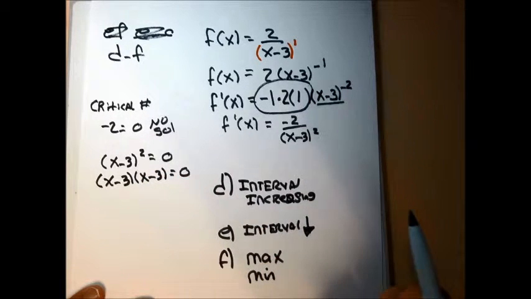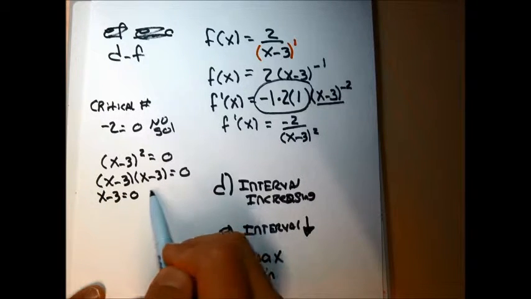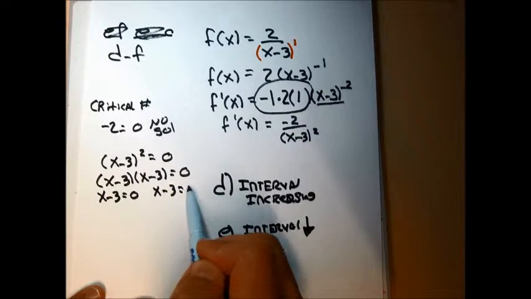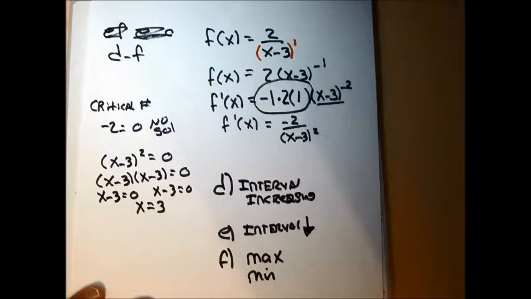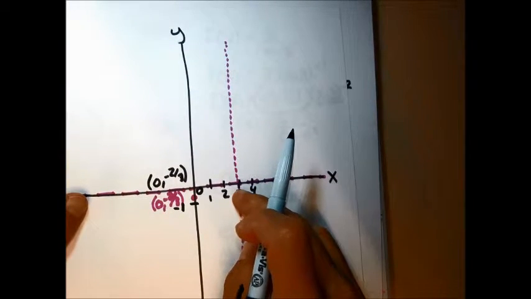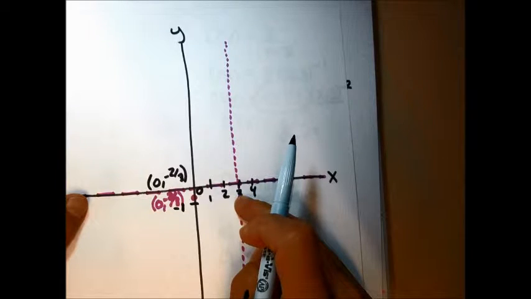If I wrote the denominator without an exponent, I'd get 2 factors of x minus 3, and I can set each one equal to 0, and they both give me x equals 3. So the only critical number is x equals 3, and magically, that's where my vertical asymptote is. You're always going to get a critical number where a vertical asymptote is. You can't have a maximum or minimum there because the function doesn't exist there.